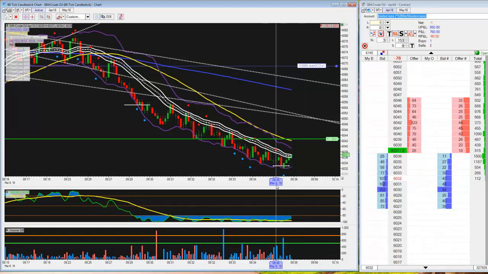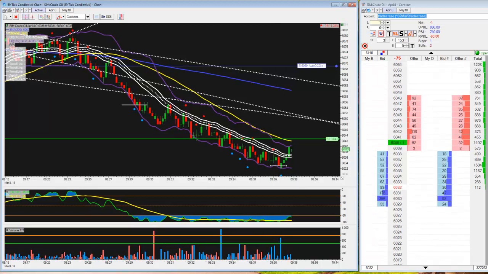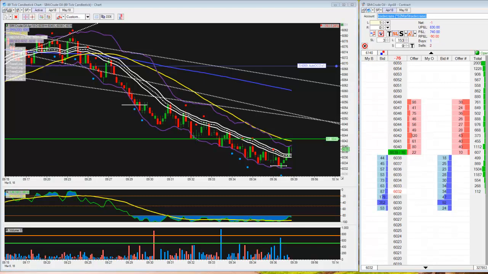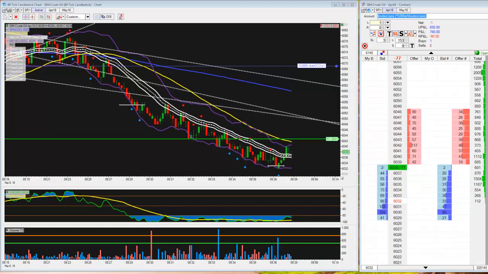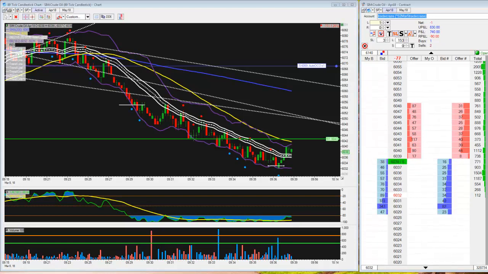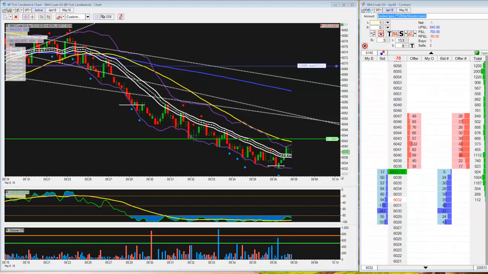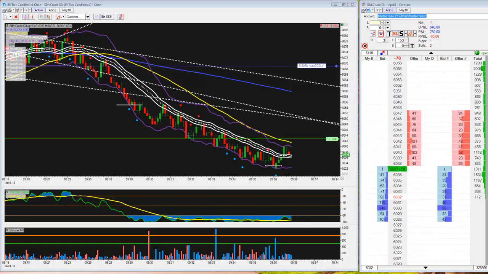And from this point, I want to start measuring from high. So if we measure from high, we've been down roughly 5P from high. We've been down 109 ticks, high being 61.40.